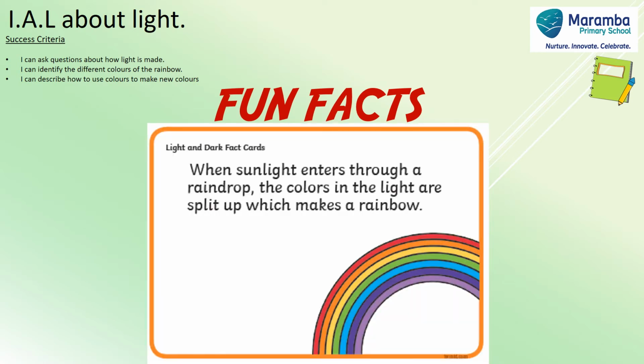And when sunlight enters through a raindrop, the colours in the light are split up, and that is what makes a rainbow. Do you know how many colours are in a rainbow? Maybe we'll learn that in a minute.